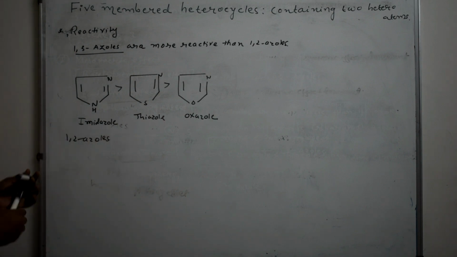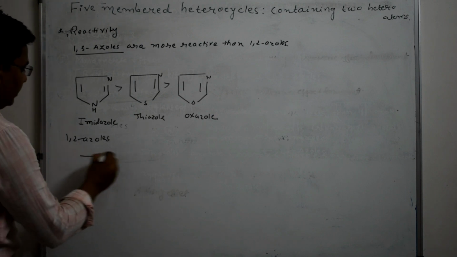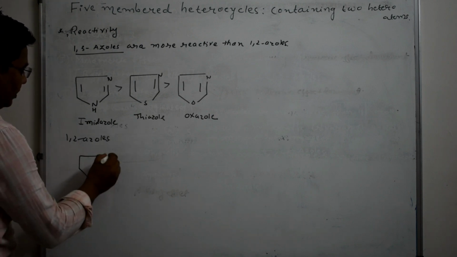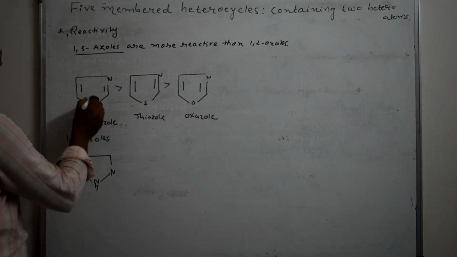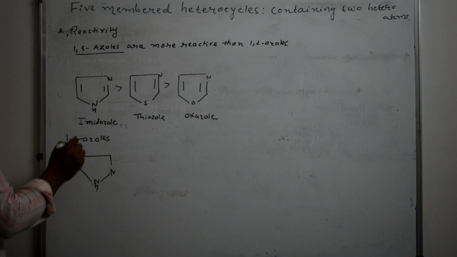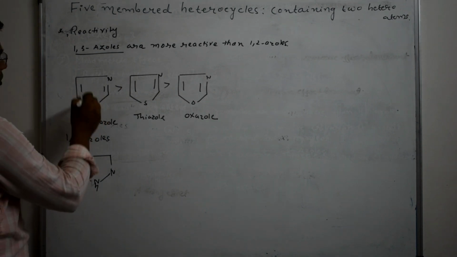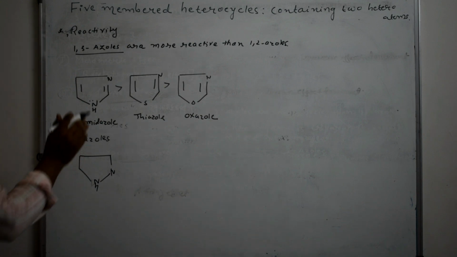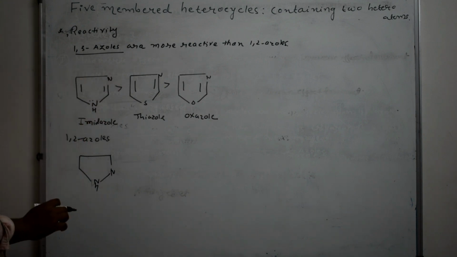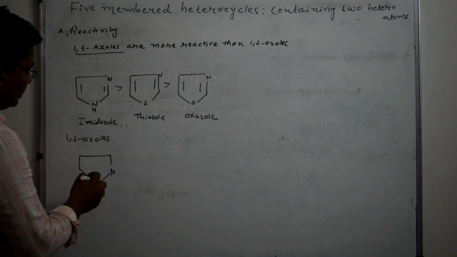Your highest reactivity will be of pyrazole, as I already told you, when the nitrogen is trivalent with the lone pair of electrons, it easily releases electrons, and that is why the electron cloud will be more when the nitrogen is trivalent.